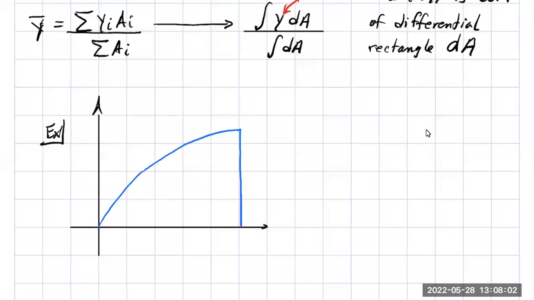Let's suppose we want to find the centroid for the region that's bounded by the square root of x, x equals 4, and the x-axis. So the first thing I'm going to do is introduce somewhere between 0 and 4, maybe here, my differential rectangle.